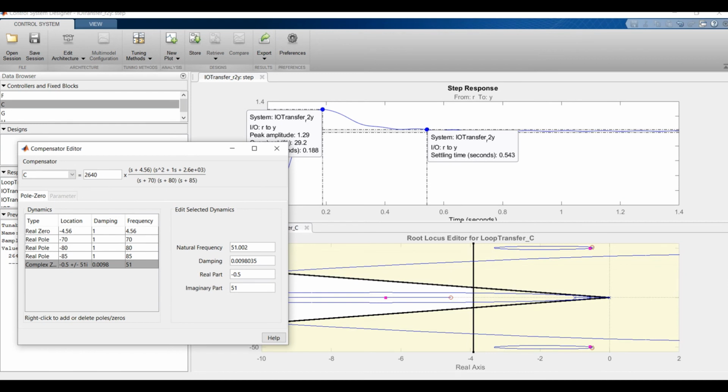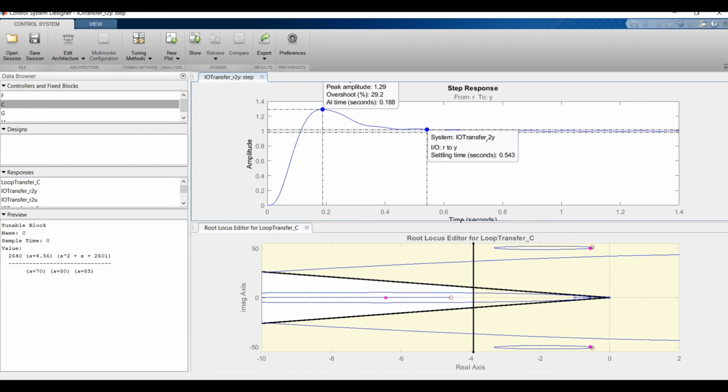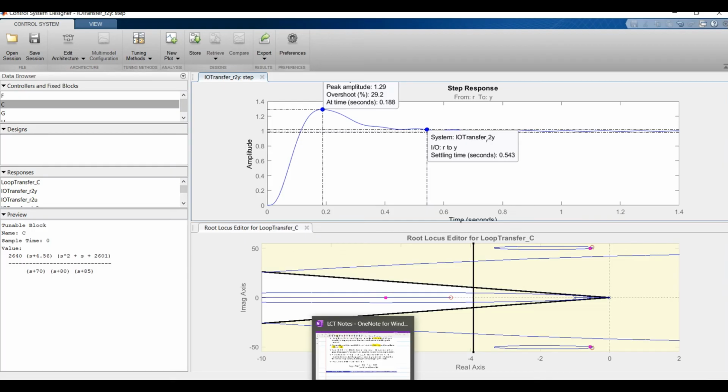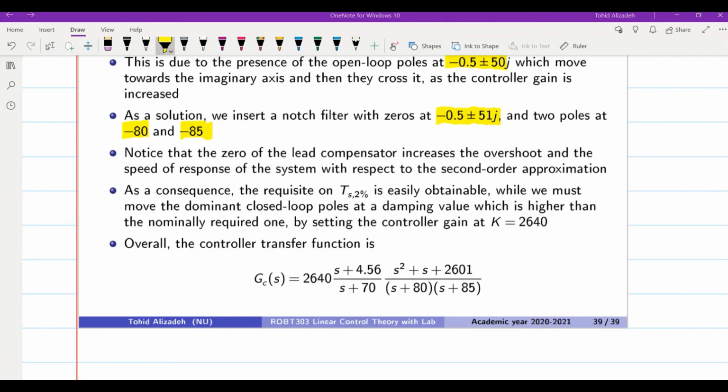That's why you don't see the high frequency oscillations anymore over here. So in this way, we can deal with those kinds of systems by introducing a notch filter, and afterwards we can design the other kind of control that we need to satisfy the transient requirements, which could be generally a lead compensator.